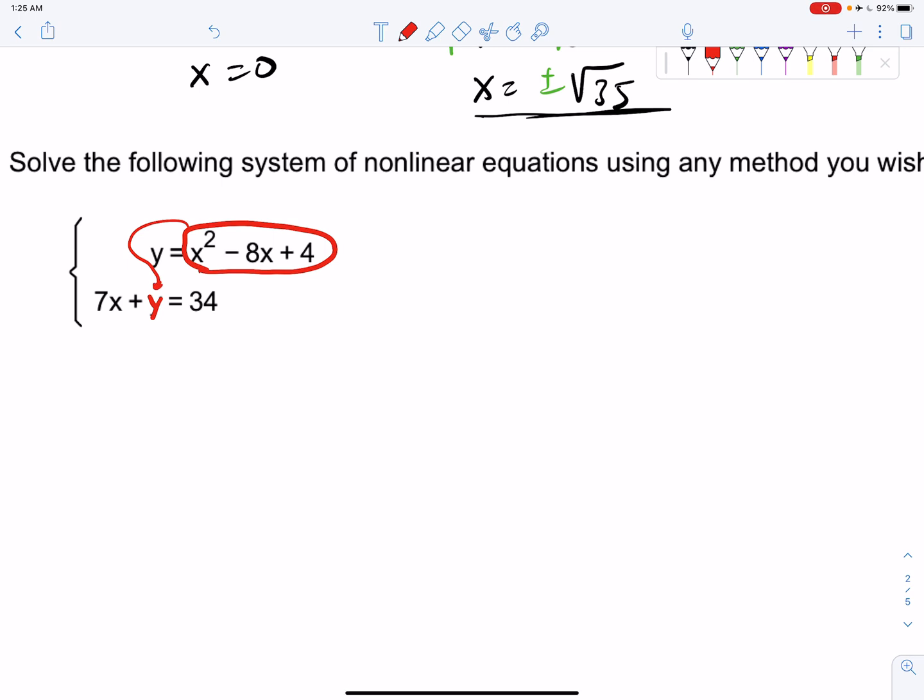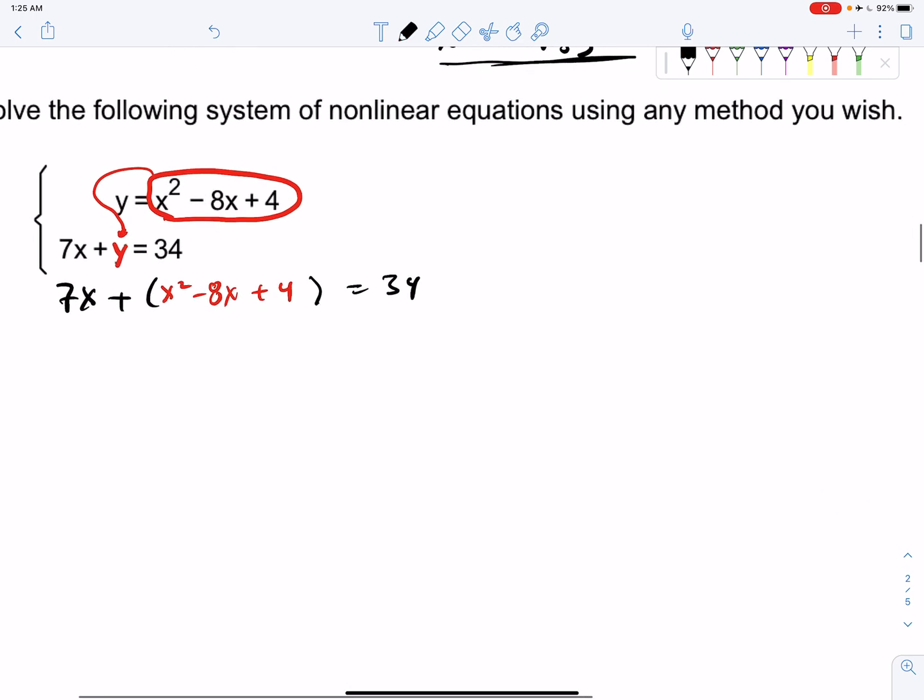So what does my new equation look like? It looks like this. 7x plus y, this big mess, equals 34. What was that big mess that y equals? X squared minus 8x plus 4. Now let's go ahead and clean this up a little bit. I've got x squared.